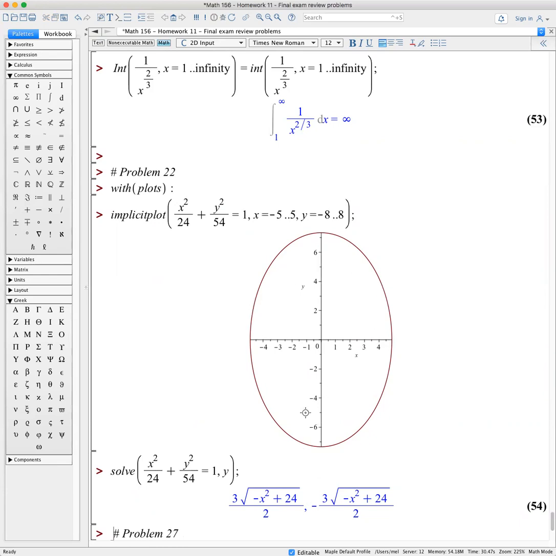And with a minus sign, that's the equation for the bottom of the ellipse. So if I integrate from this point to this point, I need to know, where does this ellipse cross the x-axis? You can actually just do it in your head, because when y is 0, x is plus or minus the square root of 24.